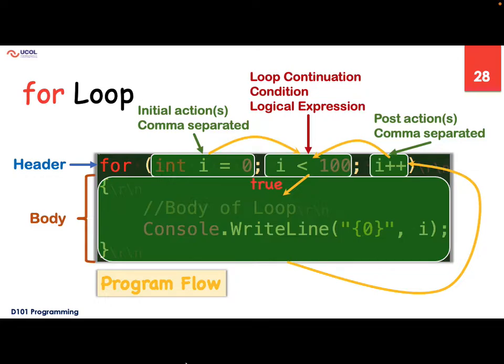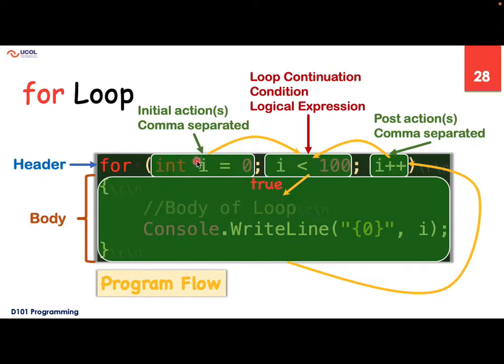So this is the loop here: checking the condition, executing the body if the condition is true, going back and performing the post actions, again checking the condition, performing the body, and then post actions again. So this is our loop.